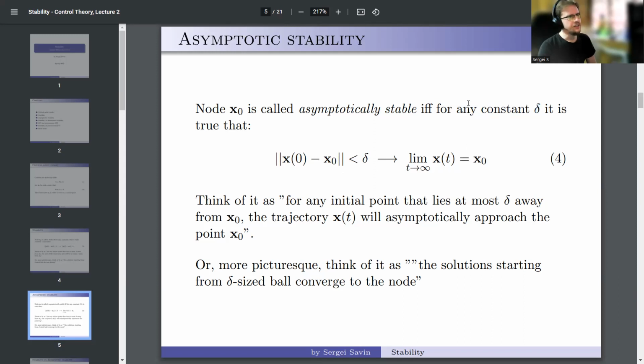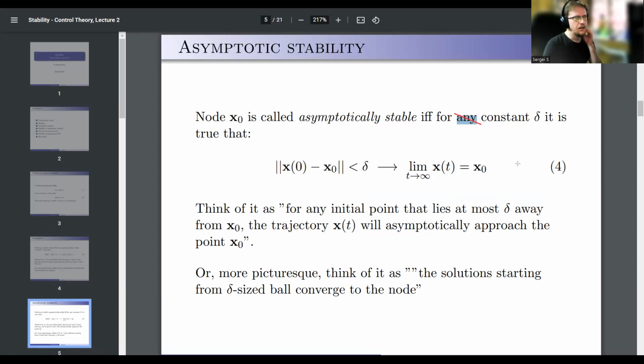Sorry, I think it's not for any constant. If there exists a constant delta such that, for some constant delta, it is true that x of 0, so the initial conditions, minus the position of the node, so the distance between initial conditions and the position of the node, is at most delta away, right?